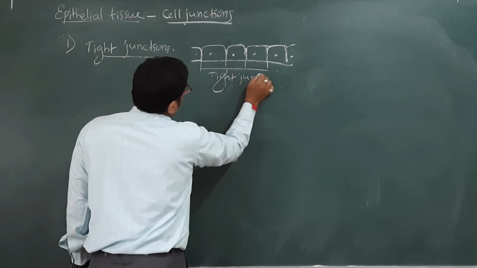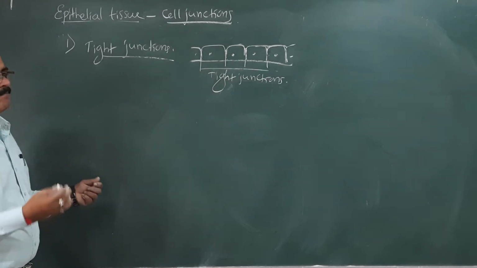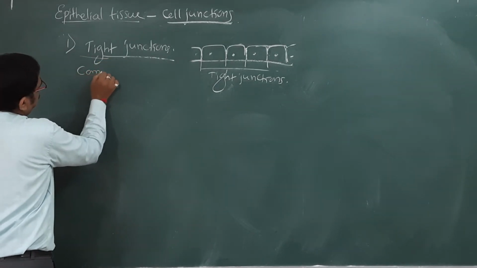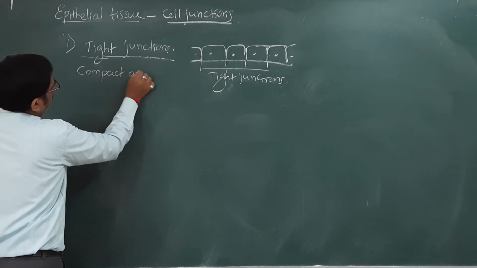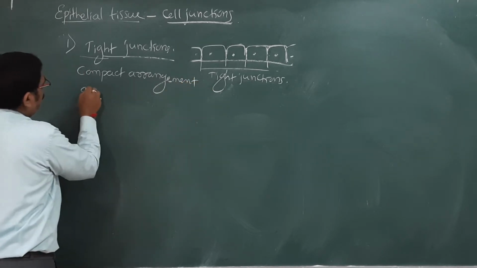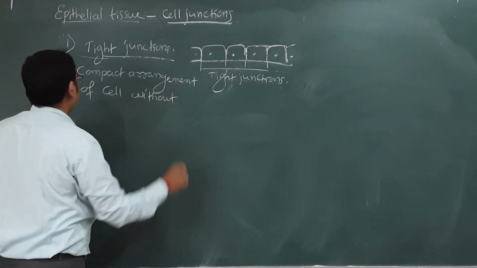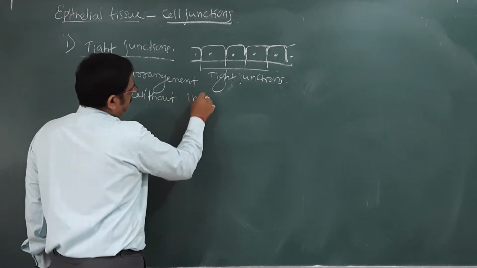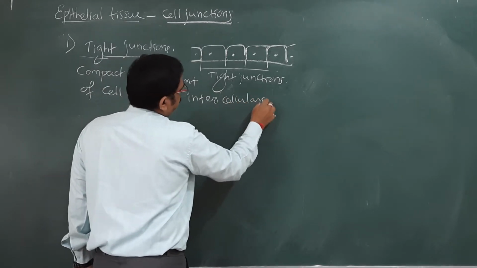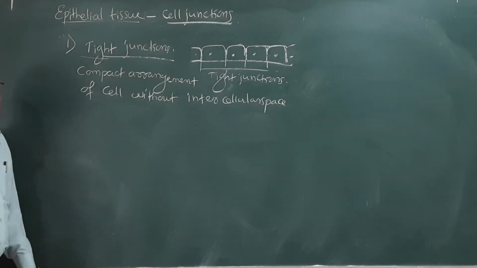Tight junctions mean the compact arrangement without any gap. So tight junctions are giving compact arrangement of cells without intercellular space. So this is what we talk about as tight junction.